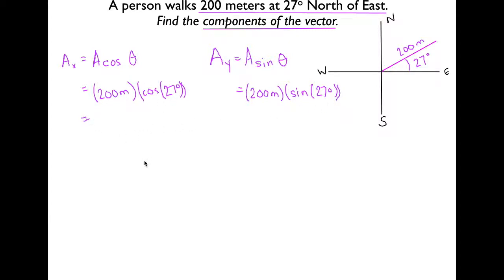Now, this is really important. If you are using an iPhone calculator or an iPad calculator, they automatically put it in radians, and I have not figured out how to put it in degrees. So you do not want to use an iPhone or an iPad calculator for these. If you do, you'll get the wrong answer.